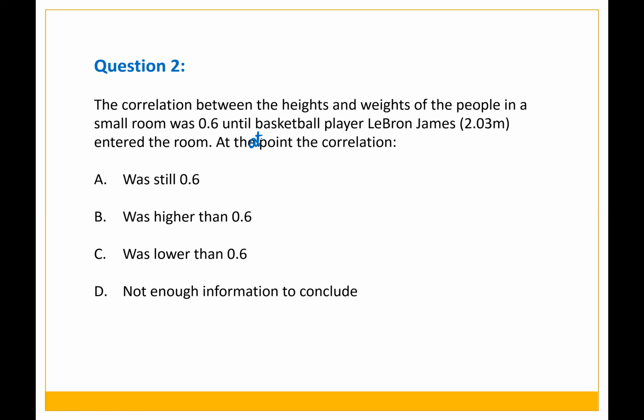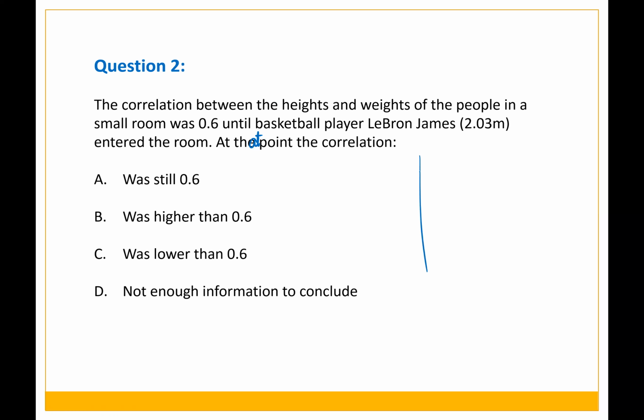At first you have a correlation of 0.6 between height and weight. But then LeBron James, who has maybe a regular weight but a much higher height compared to the rest of the group.